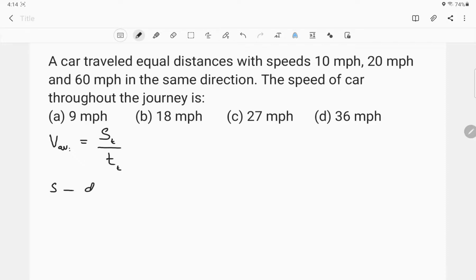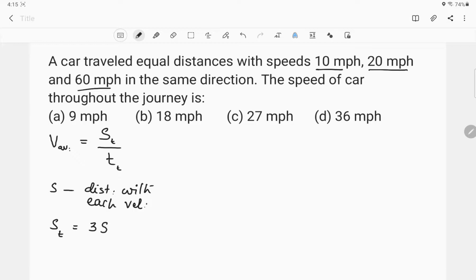This is the distance with each velocity: s with 10 mile per hour, s with 20 mile per hour, s with 60 mile per hour. So the total distance s total will be equal to 3s. It is really simple. But now we have to determine the total time.